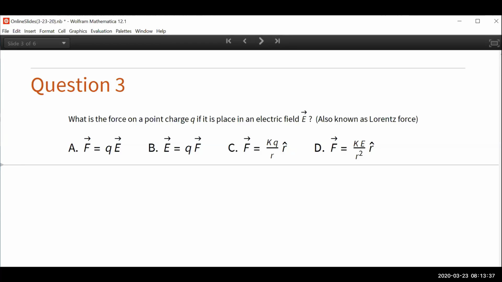So let me quickly go to a whiteboard. What we're talking about here is that if I have a charge here and there is another charge here, let's say Q1 and Q2, 2 charges separated by distance r, then what is the force between them? That force looks like F equals K Q1 Q2 divided by r squared, r hat.